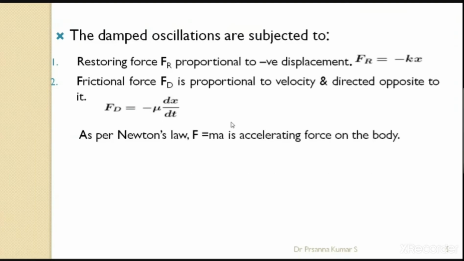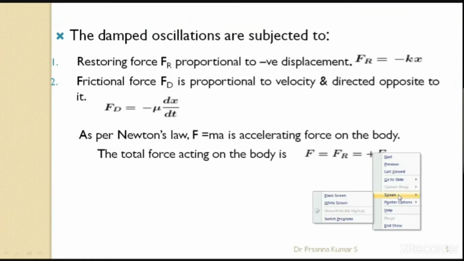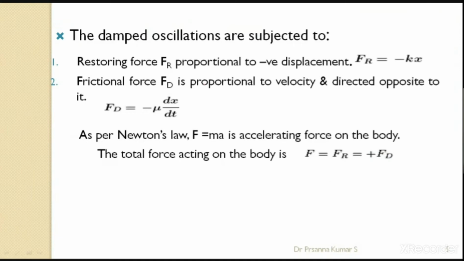Okay, and the third force is due to acceleration, force is equal to ma. You know this. Therefore, the total force here is F is equal to Fr plus Fd. See here, F is equal to Fr plus Fd.